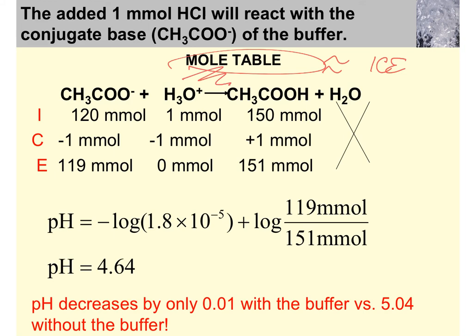That's really important, okay? We're doing stoichiometry, and so we want moles. We don't want concentration. All right, so from the last page, we calculate moles of the original acetic acid and the conjugate base.